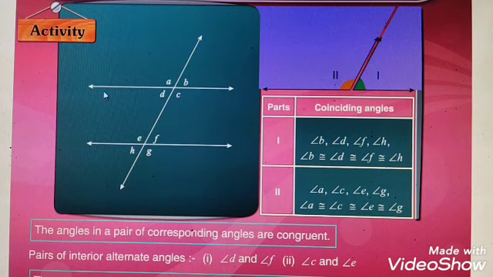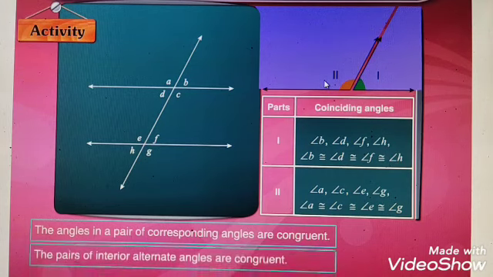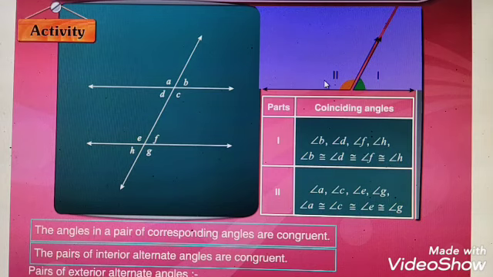So angle D and angle F are interior alternate angles. Can you see here? Angle D and F are interior alternate angles, and angle C and angle E are interior alternate angles. The pair of interior alternate angles are also congruent.